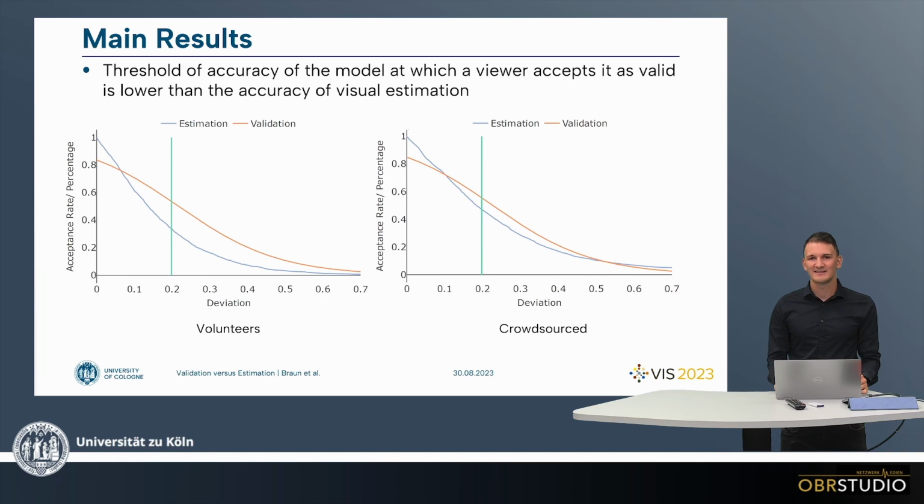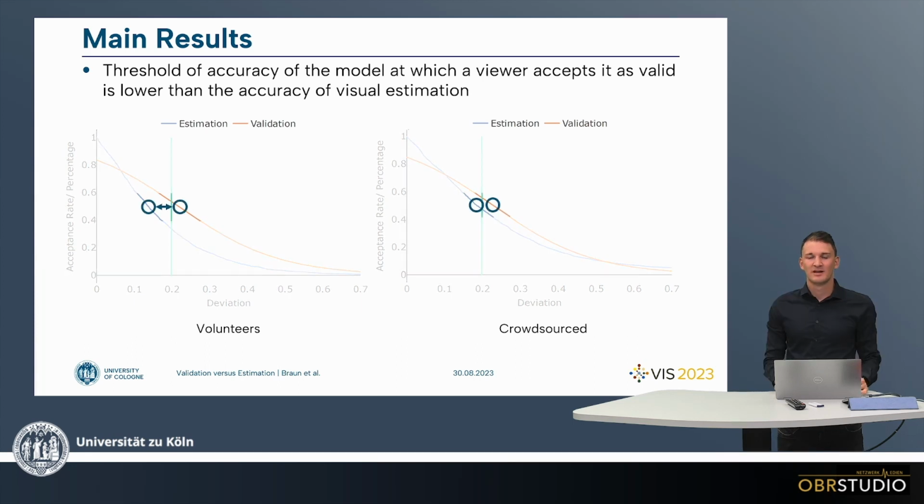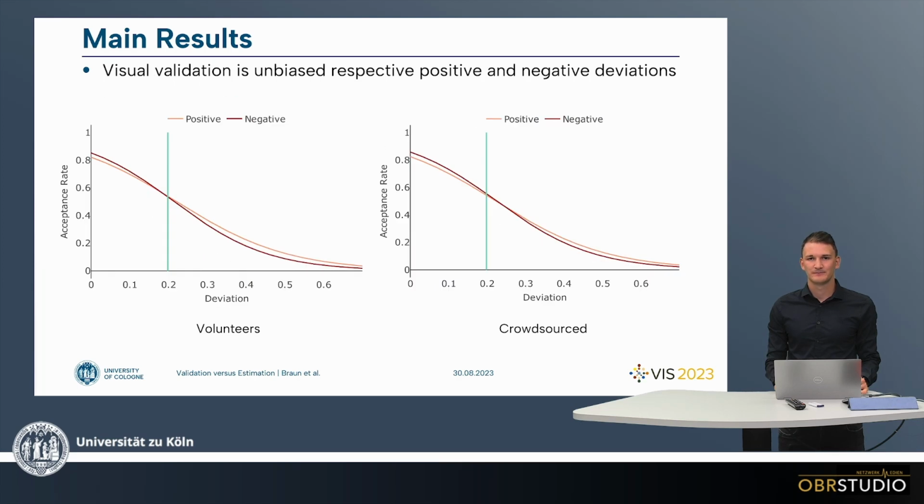Here, the x-axis indicates the deviation of the estimated and validated values from the true mean, and the green line shows the border of the true mean's 95% confidence interval. This result implies that people accept models that are less accurate than models they can visually estimate. Comparing the two populations, the results for validation were almost identical, while the volunteered population was more accurate in estimation.